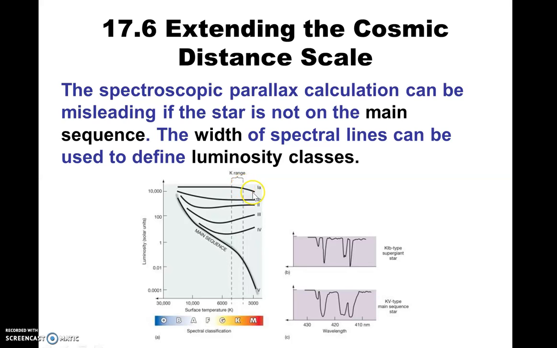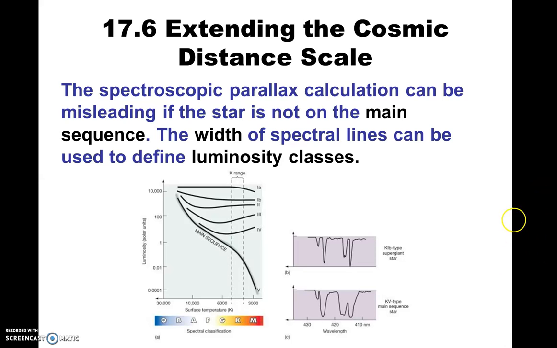All right, so this is what they call luminosity class, and basically, the way this works is that very broad spectral lines, usually absorption lines, tell you the class. You can have, let's say, a K star, the example that they're using here.